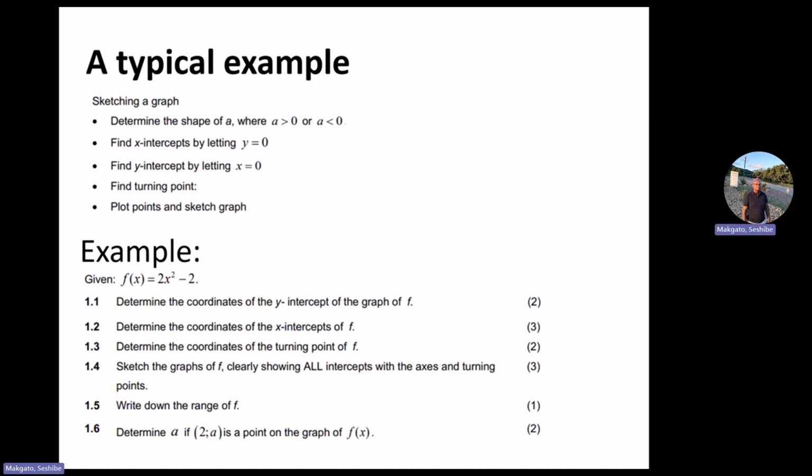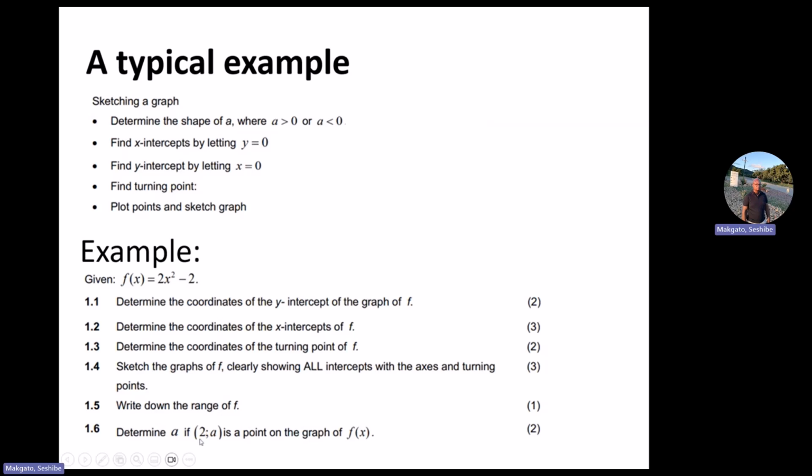So in terms of the range, when they say the range, the range is actually y. Your range will be equal to your x-intercept and then your y-intercept. So that is normally where you actually find the range.